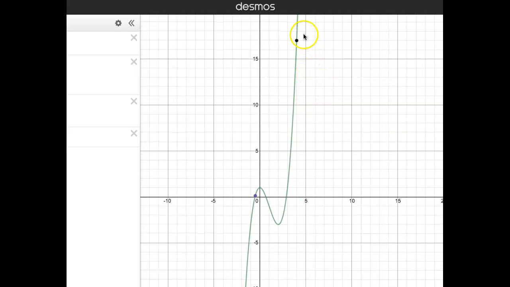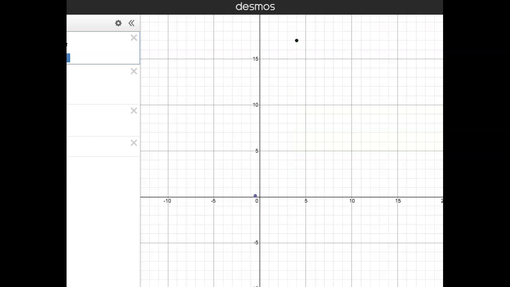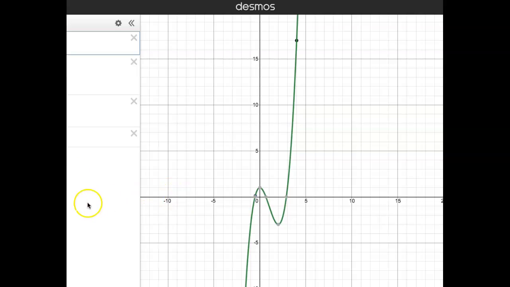So ignore everything outside those points. One of these days I'll look up how to tell Desmos a domain for a function. I just keep forgetting. Anyway.